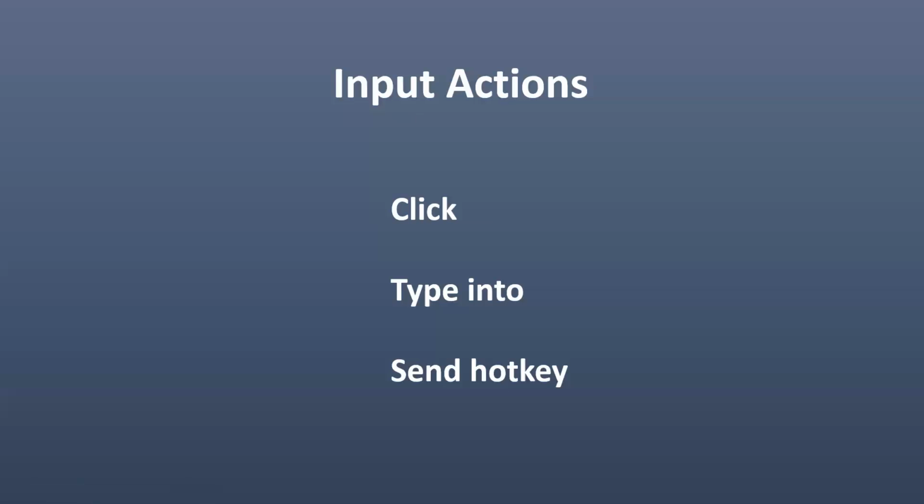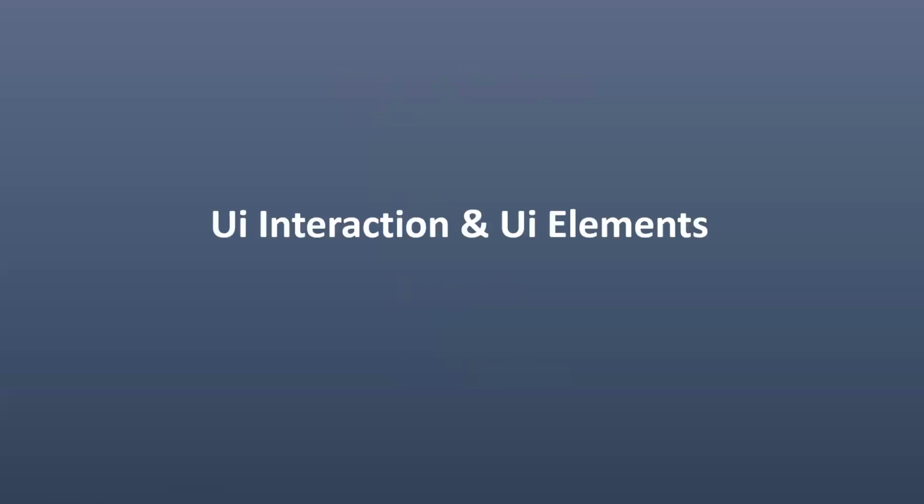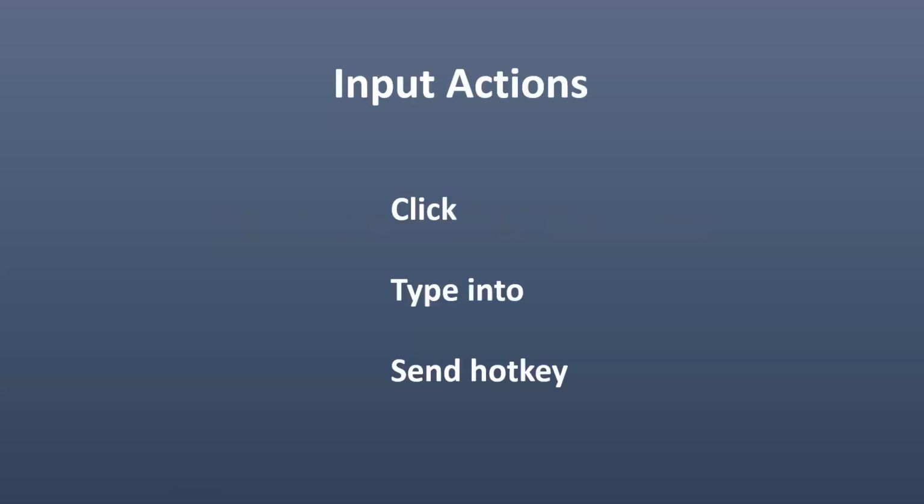So how was the hierarchy we have come across? We have seen UI elements and UI interaction. In that, first we have picked up the UI interaction. UI interaction has been divided into two things: input actions and output actions. Now, we will look into the input actions and later we will jump into the output actions.